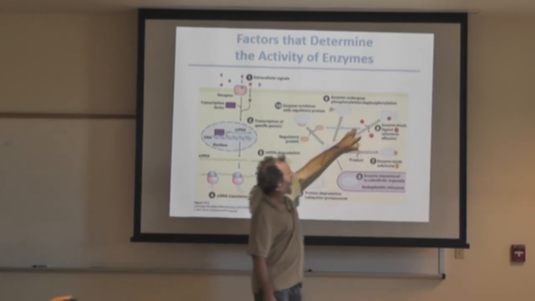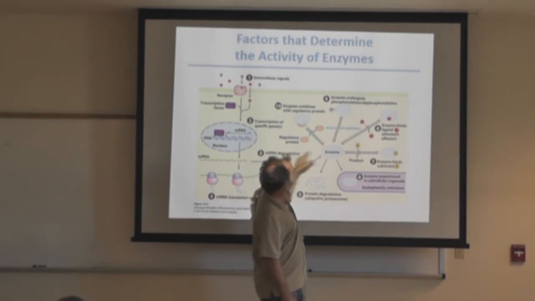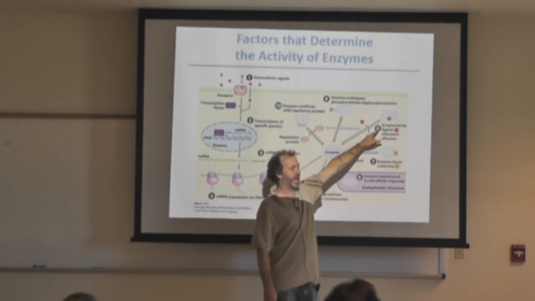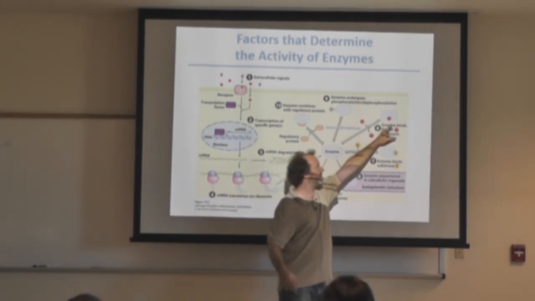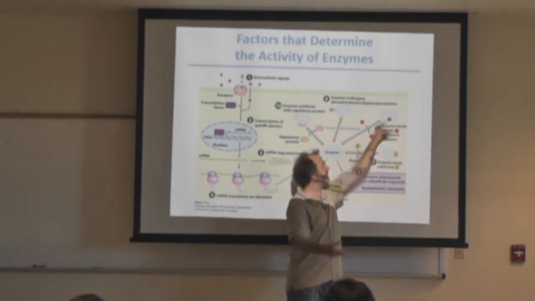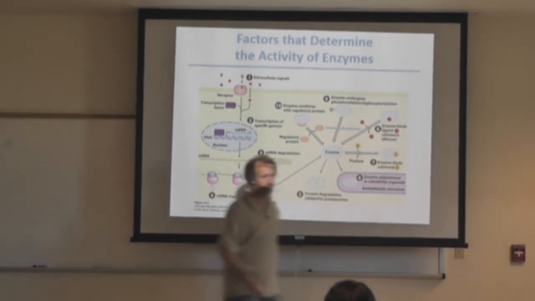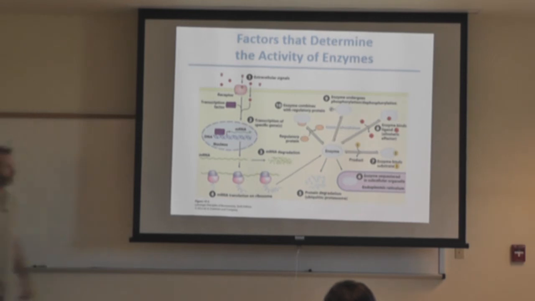Or there are allosteric effectors produced by other enzymes that can shift the equilibrium to that tense state. So a lot of things. And then the turnover of the enzyme itself.